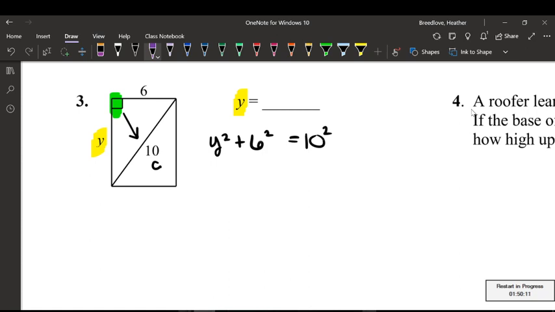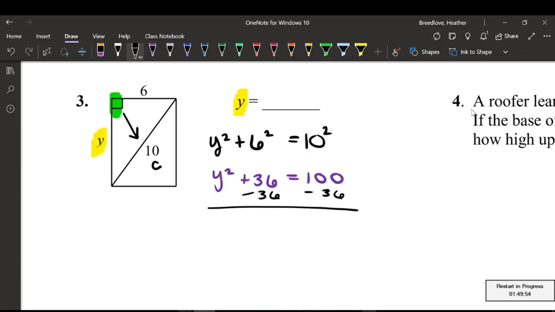And then I'm solving. So y squared plus 36 equals 100. And then I can subtract 36. So y squared equals 64.